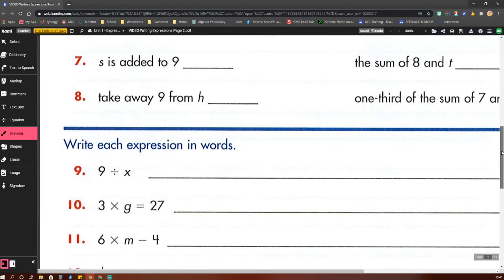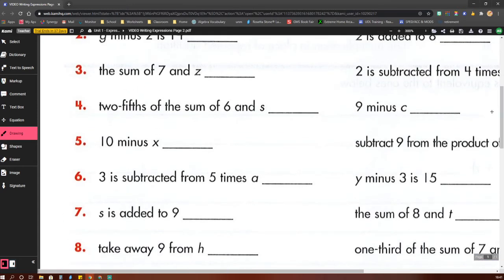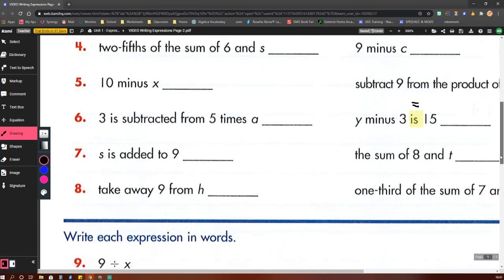Now, something we did not go over is this word right here. Is. When it's like this, y minus 3 is 15, that just means equals. That is not the same as this is or this is. Usually it follows by a number.